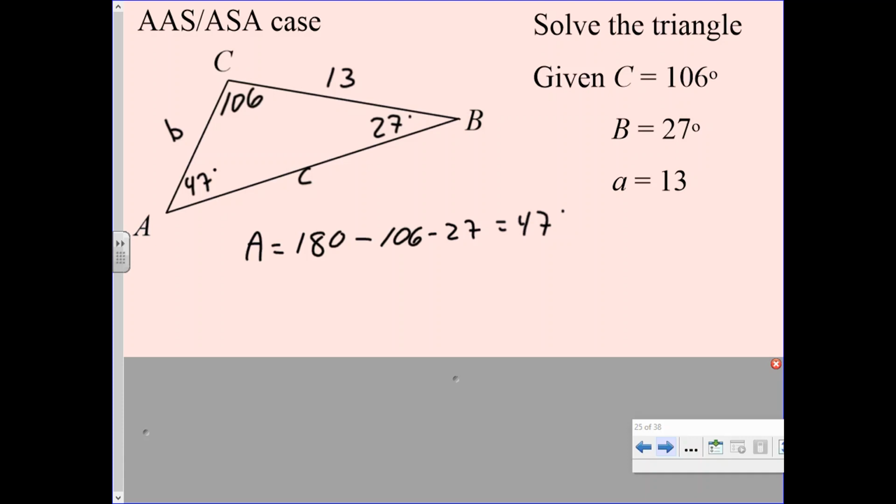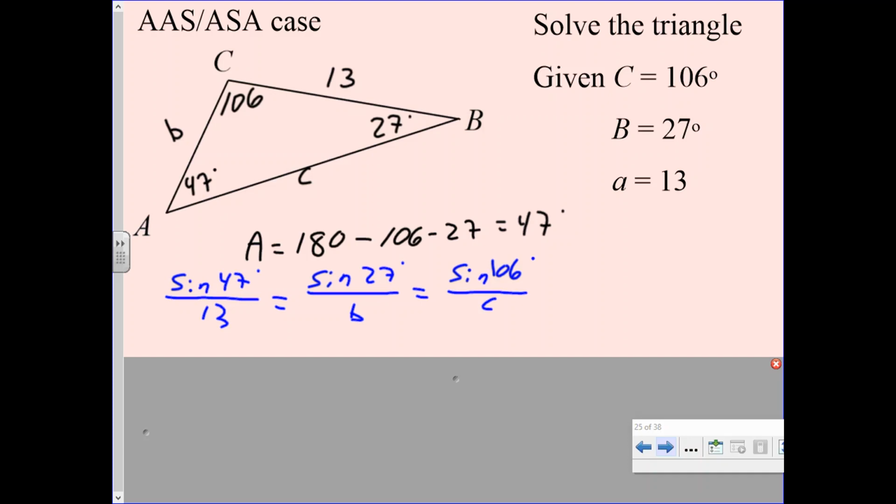So I'm going to write that as the sine of 47 degrees over 13, because I know that length, and then the sine of B, which is 27 degrees, and I don't know that side, and that's going to be equal to the sine of 106 over side C. Now, obviously, I can't do all these things at one time, but if you just look at this ratio right here, we can do the old cross multiply divide trick.